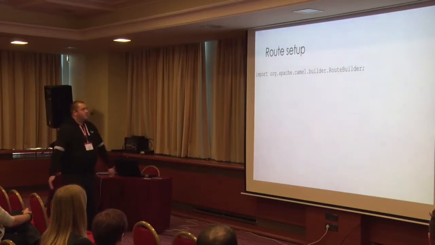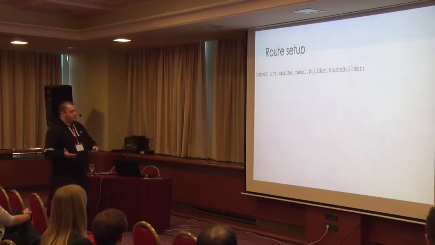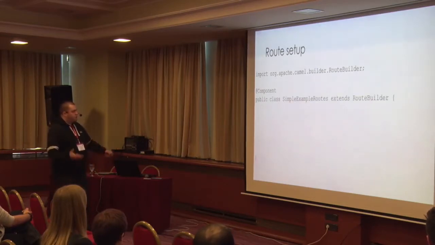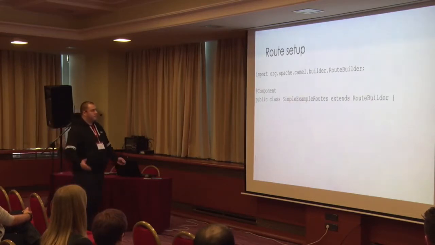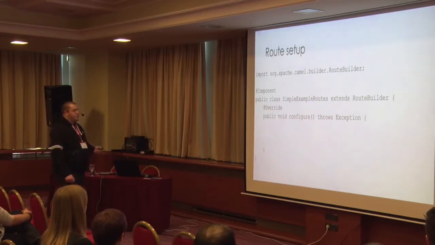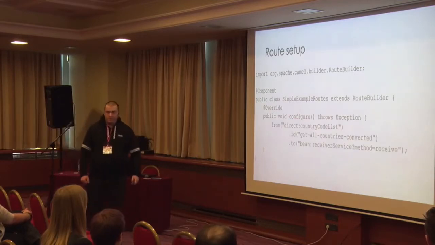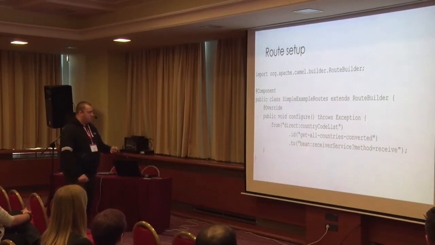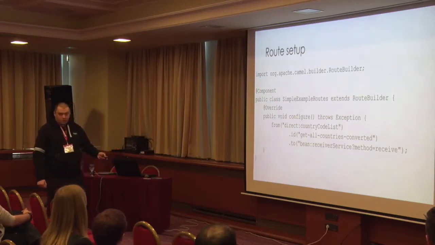So if you want to define those routes inside your Spring Boot applications, the only thing you need to do is to have a certain component, a certain bean, that extends this RouteBuilder that comes from the base dependency of the Apache Camel core. You can name it whatever you want, and you need to override this configure method and place your routes inside it.